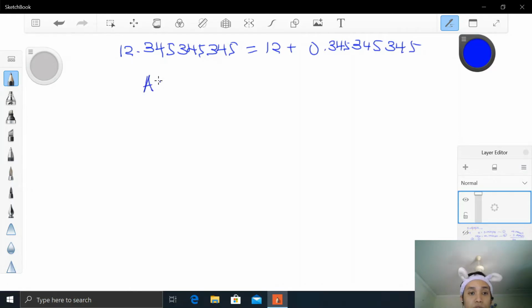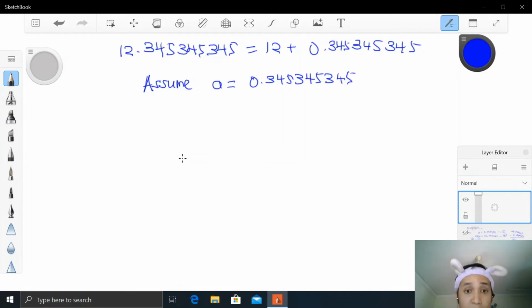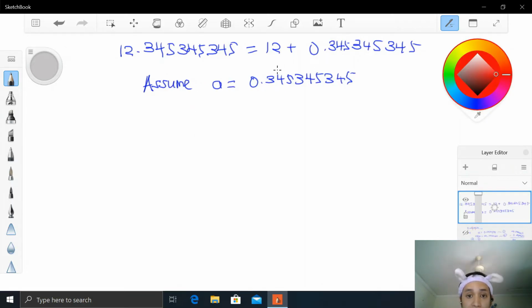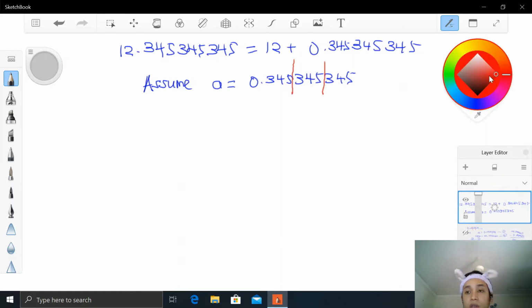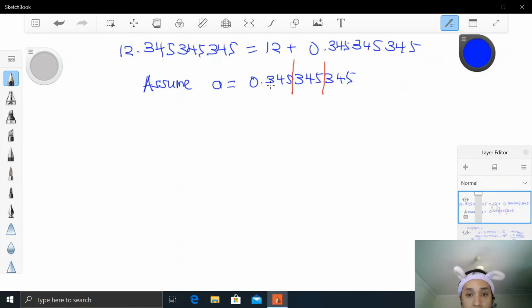I'm going to assume a is equal to 0.345345. Then I'm going to find where my repeating decimal is. Here it is 345, so 3 places, meaning I need to multiply by 1000.